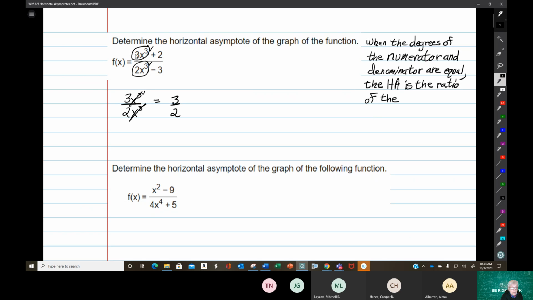This is the leading coefficient because it's the coefficient of the highest degree term, which ought to be in front. And this is the leading coefficient of the denominator because it's the coefficient of the highest degree term, which should be in front. So it's leading.